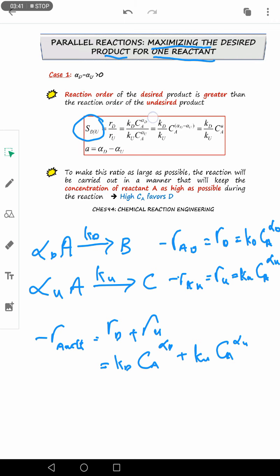Therefore, you divide the rate of reaction of the desired, Kd Ca alpha D, over Ku Ca alpha U. When you simplify, you get Kd over Ku, Ca to the power of alpha D minus alpha U.